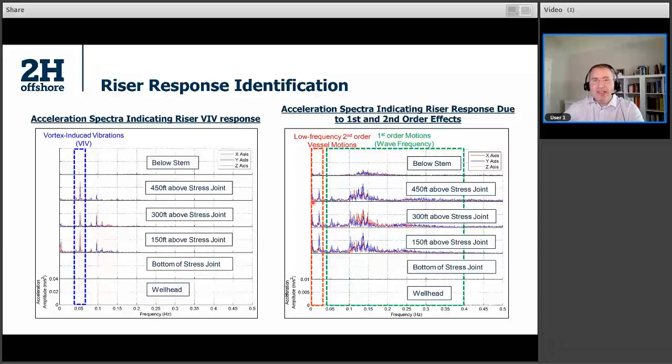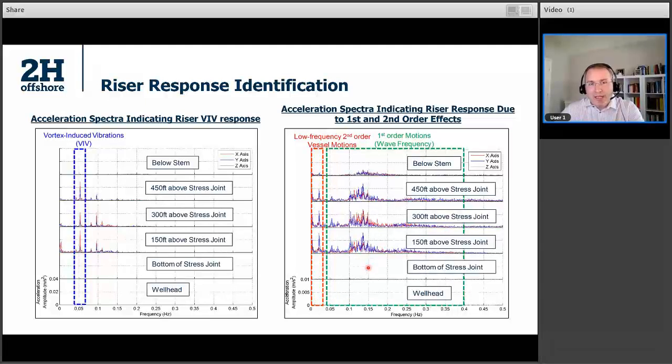But it should be noted that these accelerometers are not typically used to evaluate the second order motions, especially when the motions are less than 0.01 hertz. The accuracy of these accelerometers, depending on the sensor specification, can be low.